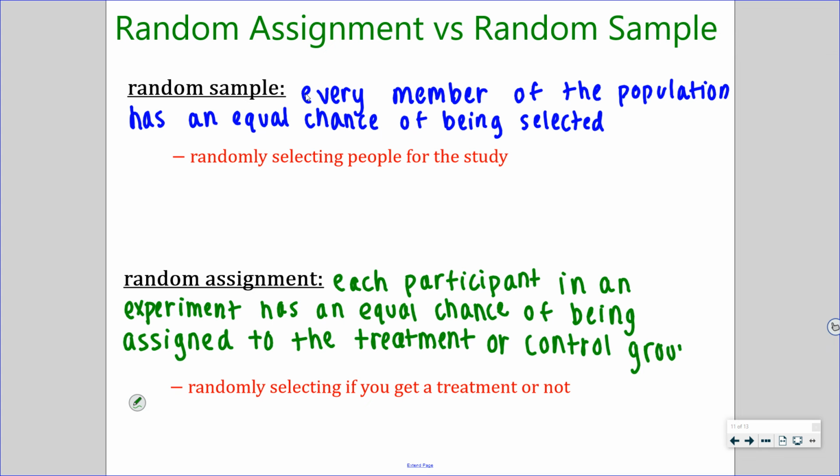So the random part is giving them that equally likely chance. An assignment versus a sample: assignment is within our experiment. That's basically a good way to tell them apart. So, in summary, random assignment is randomly selecting if you get the treatment or not. Random sample is randomly selecting people for the study. That's the big difference.